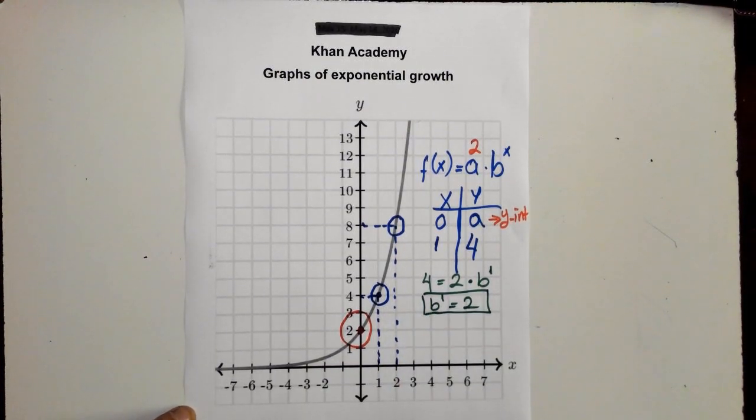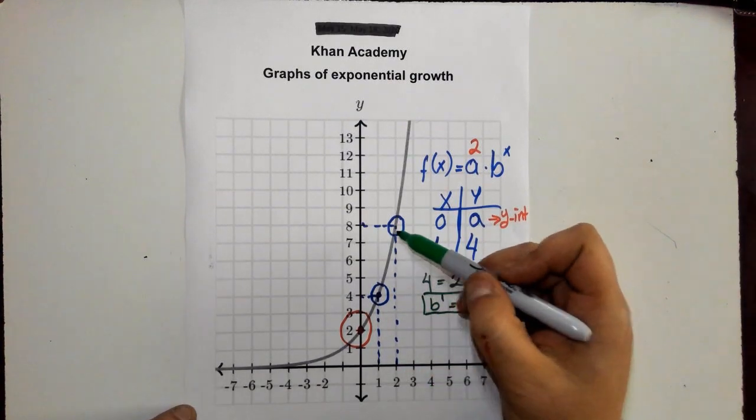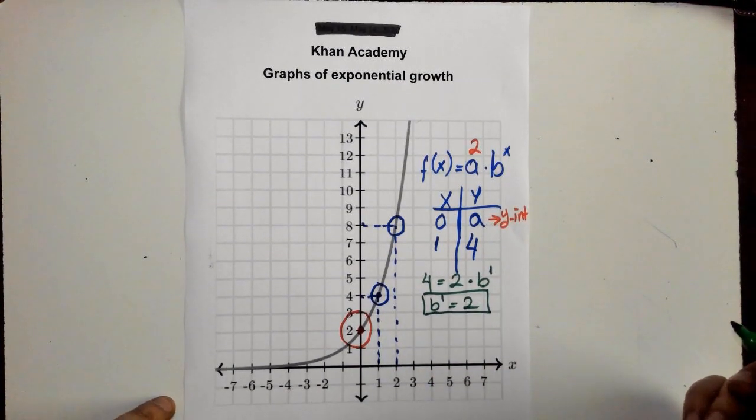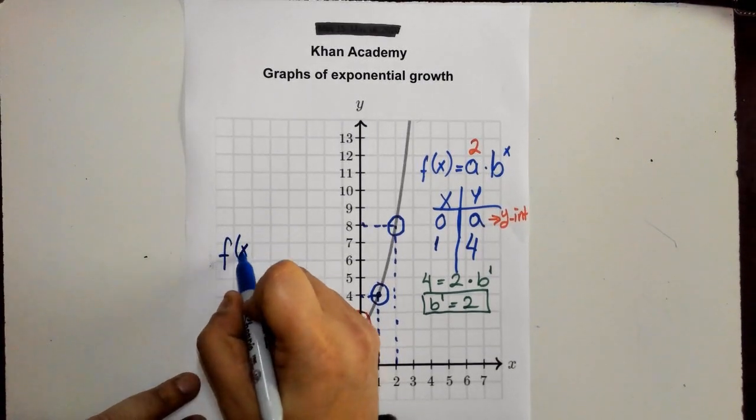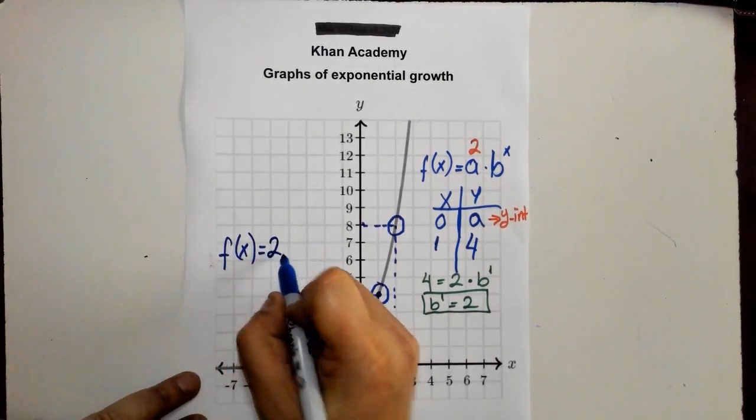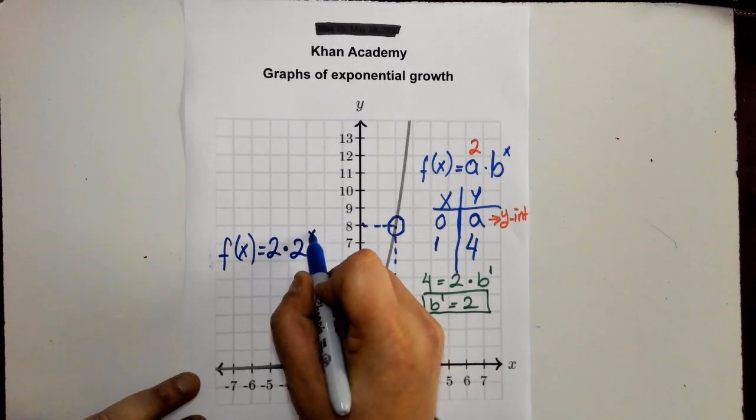I actually found my b, but to be on the safe side, let's see if this equation will work for the other value. So my equation is f(x) equals 2 times 2 to the x power.